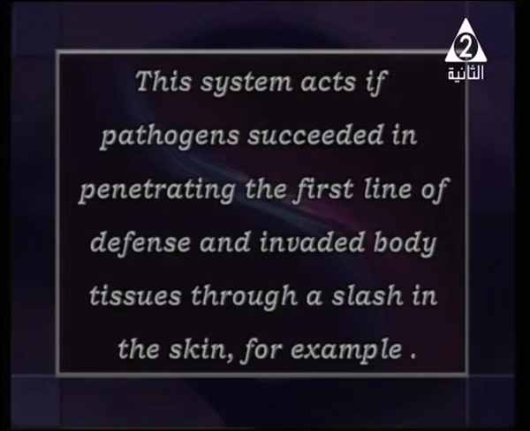So this second system acts if the pathogen has already succeeded in penetrating the first line of defense and has invaded your body tissue, through cuts in the skin, or by food or air, or in whatever way.